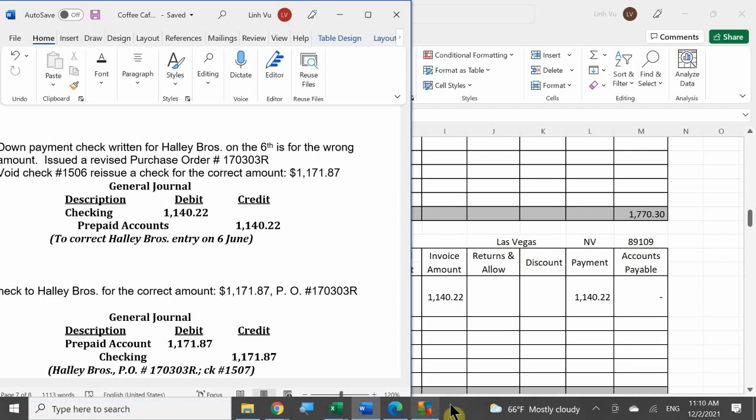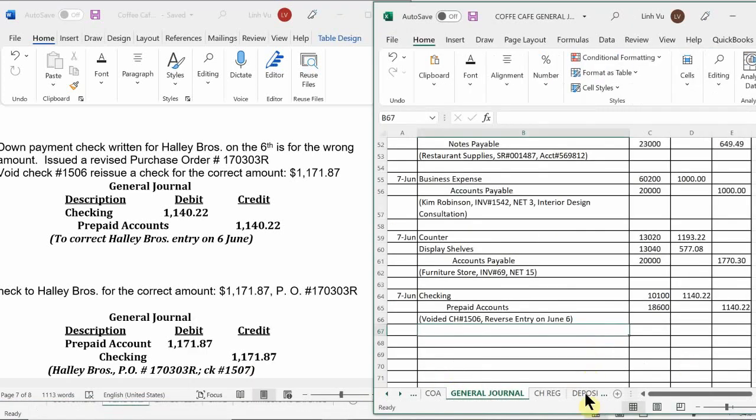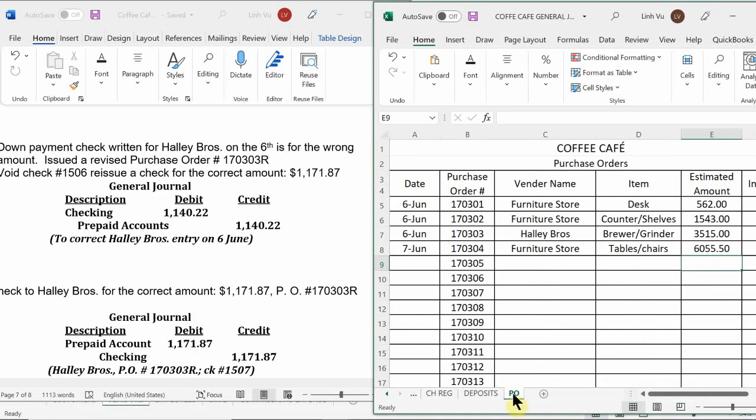In my old purchase orders, I have it listed that the down payment was $1140. So I need to go up here and stick a letter R in here because I don't have the purchase order form here. I'm not the one filling it out, the boss is. So I'm just going to put a letter R so I know that it's been revised.